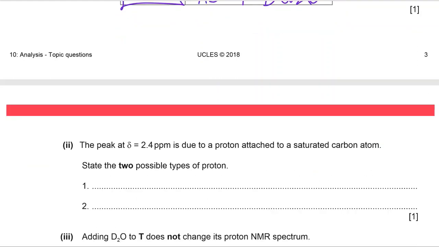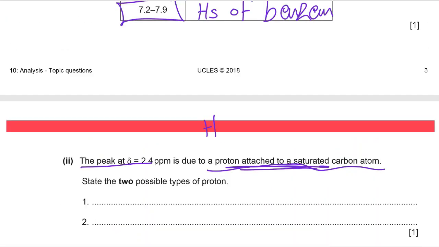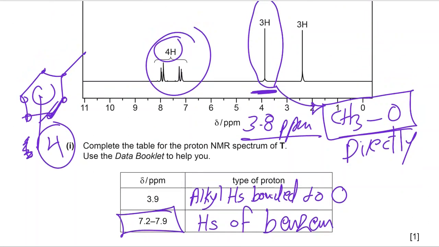Now in this question, the peak at 2.4 ppm is due to a proton attached to a saturated carbon atom. Saturated, okay, that means here 2.4. Let's go to the NMR spectrum.